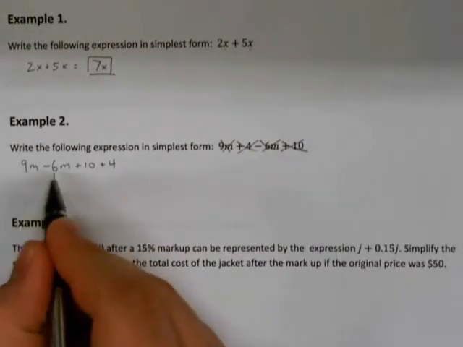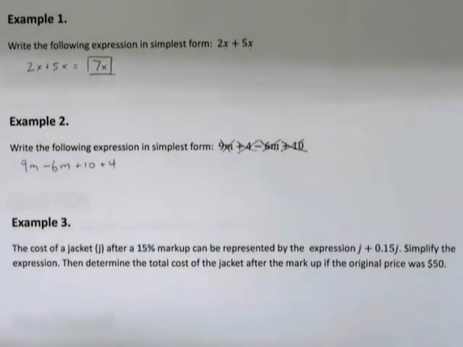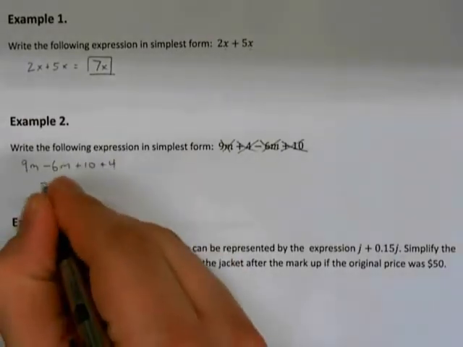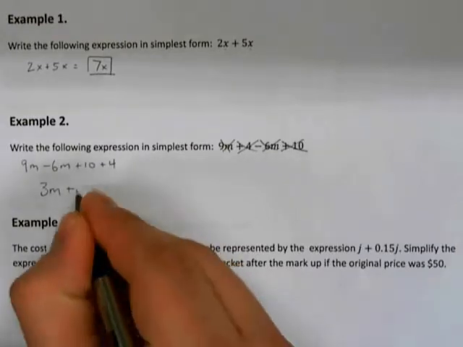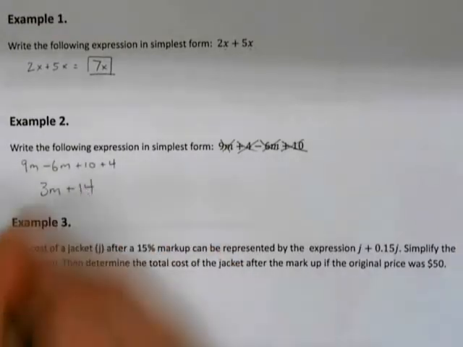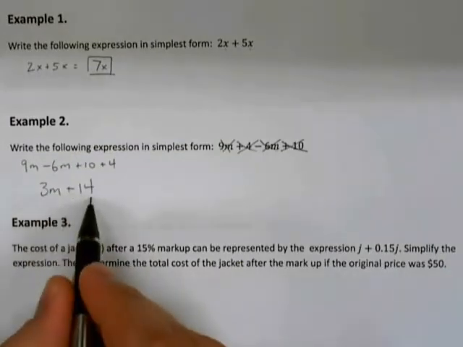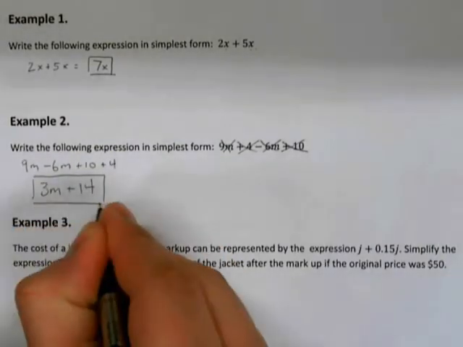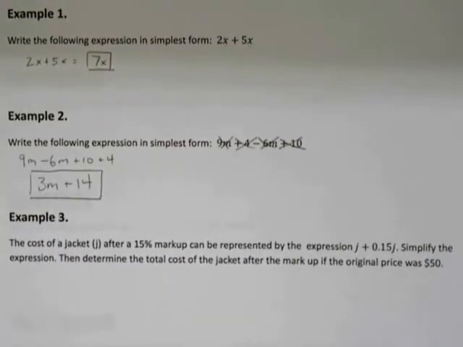So we have 9m minus 6m plus 10 plus 4. Now we can combine those like terms. 9m minus 6m is just 3m. Plus 10 plus 4 is 14. There are no more like terms in this expression and there are no parentheses, so this is written in simplest form.